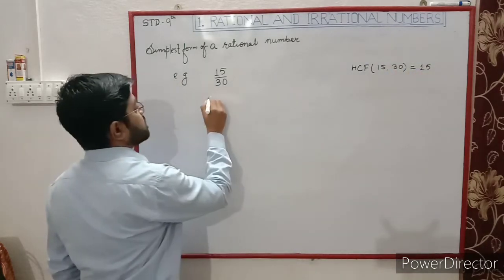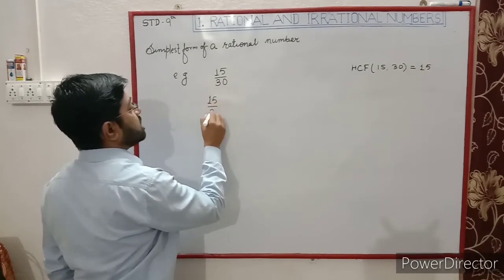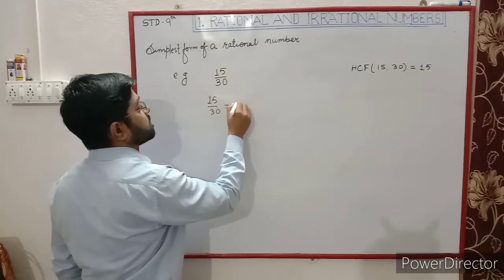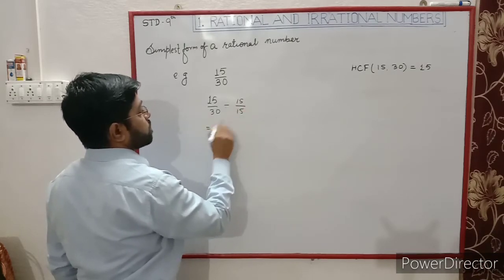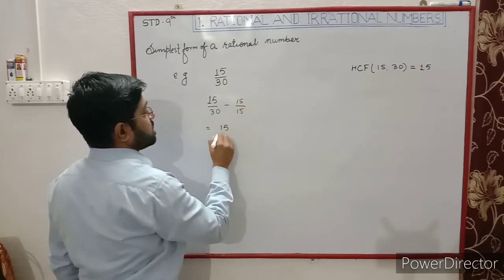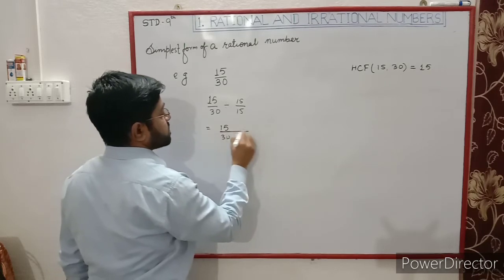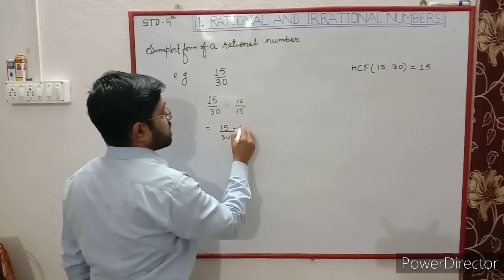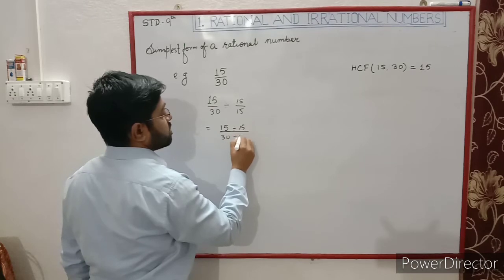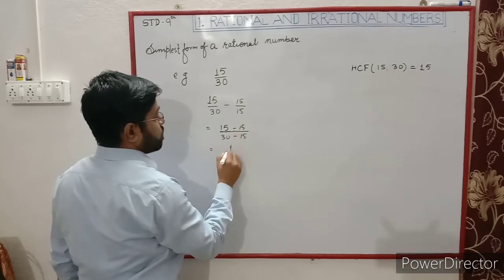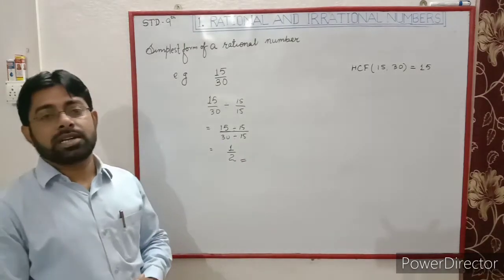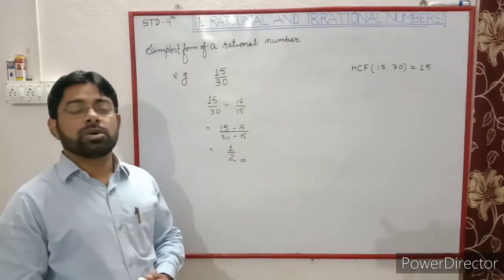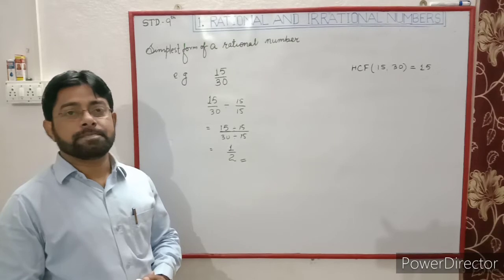Now, 15 by 30 is divided by 15 by 15. 15 divided by 15 is 1, 30 divided by 15 is 2. So we have 1 by 2. So 1 by 2 is the lowest term, that is the simplest form of 15 by 30.